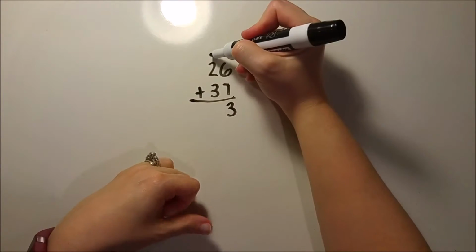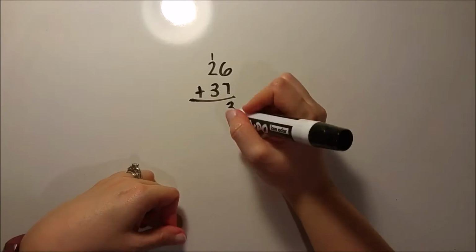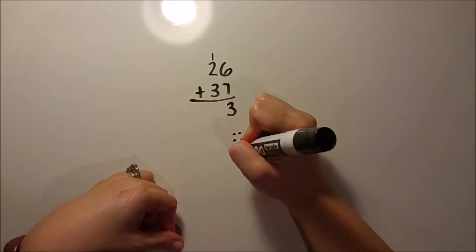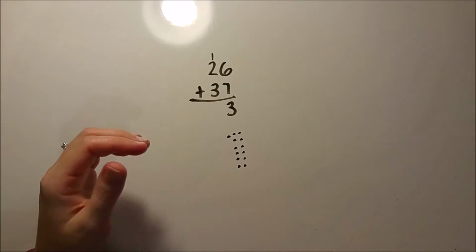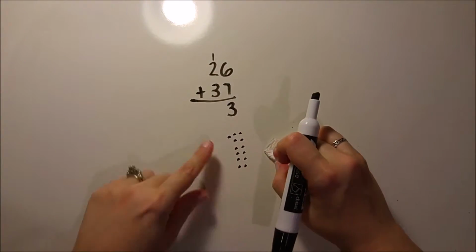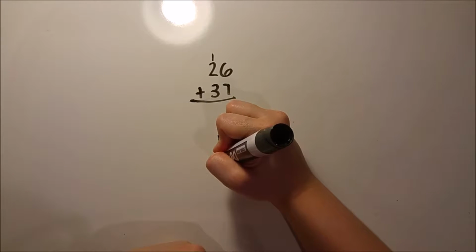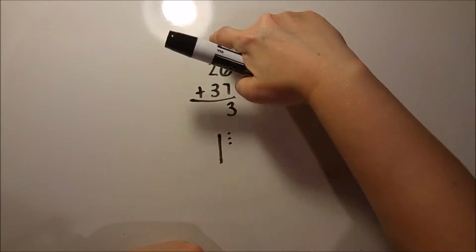It was 3 ones and 1 in our tens column. That's because if we took our 13, 1, 2, 3, 4, 5, 6, 7, 8, 9, 10, 11, 12, 13, that's more than 10. So if we take 10 of those out and put them together as a stick, we'd have 3 left. So that's our 3 ones and our 1 in the tens. So we're going to use the same logic, but backwards, reverse for subtraction.